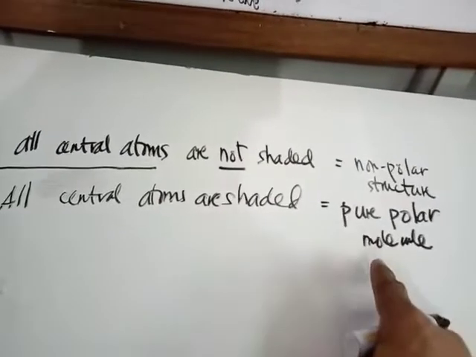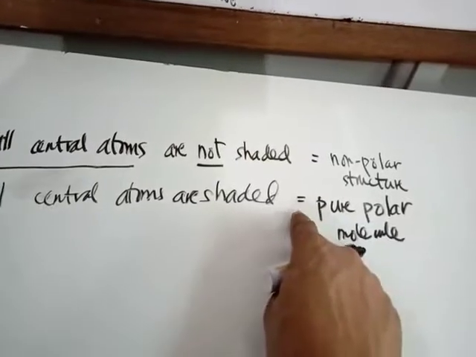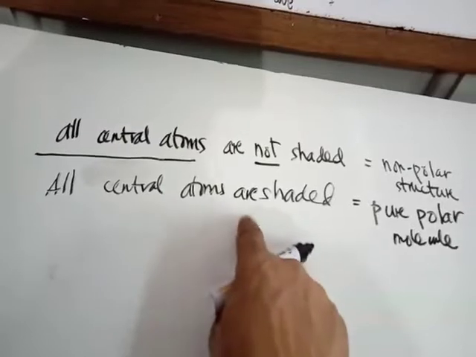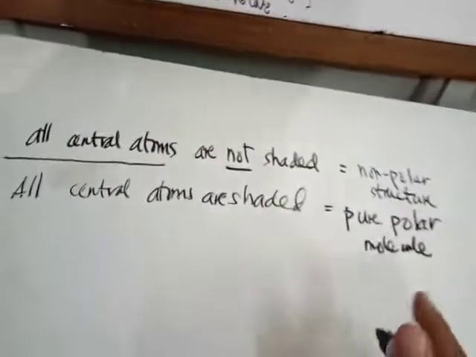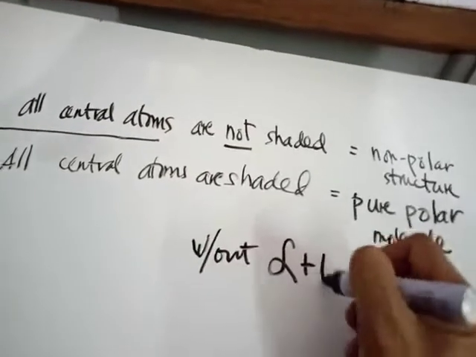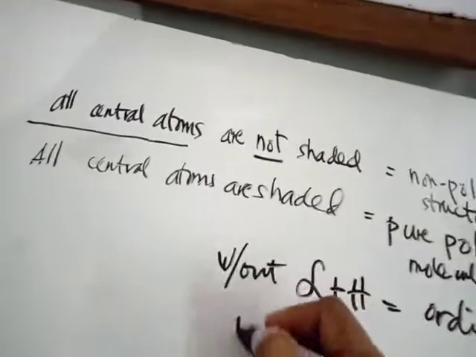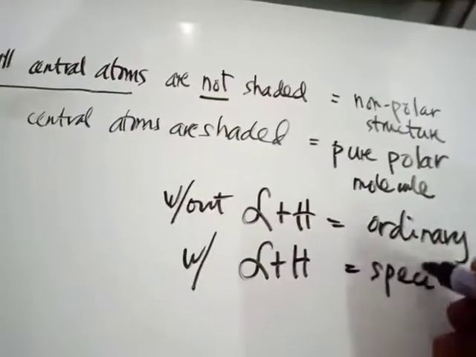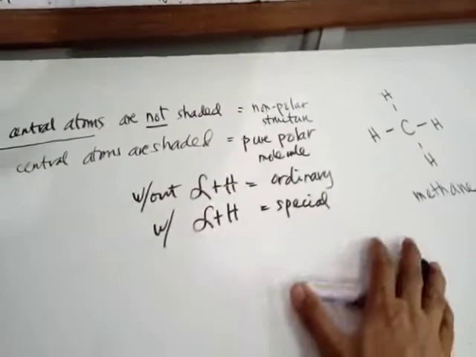If there is no partial positive hydrogen, then that would be an ordinary pure polar molecule. But if there is partial positive hydrogen, then it is a special pure polar molecule. Without partial positive hydrogen, that's ordinary. With partial positive hydrogen, that's special. Now let's go to the next.